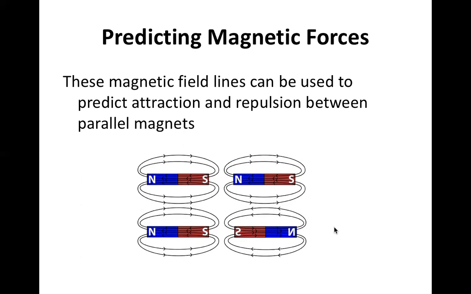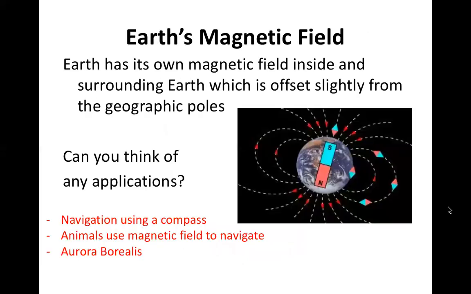You might wonder, if the rule is so easy, like opposites attract, could you just look at the poles? We are going to be doing problems later in this unit where you don't necessarily know that it's a south pole or it's not as clear as this. So it does help to know the direction of the field lines compared to their neighbor. It does give information about the magnetic force as well.